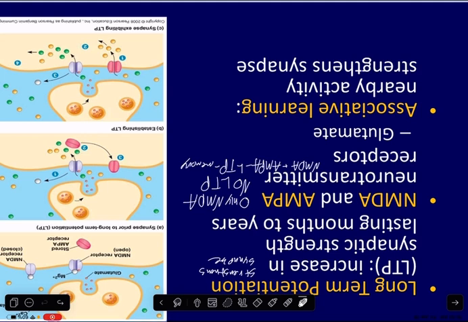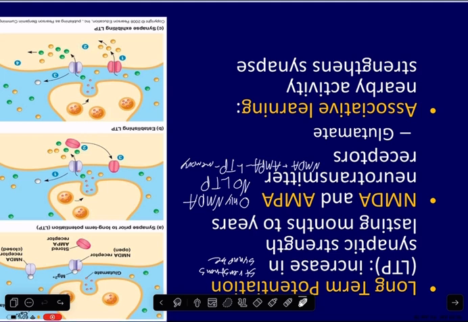So, for example, a lot of early neural systems work was done on Aplysia, which is a sea slug, a very, very simple organism. It has a gill that it uses to get oxygen from the water. The gill is very fragile, so if you touch it, the slug is going to withdraw it underneath a harder cover to protect it.